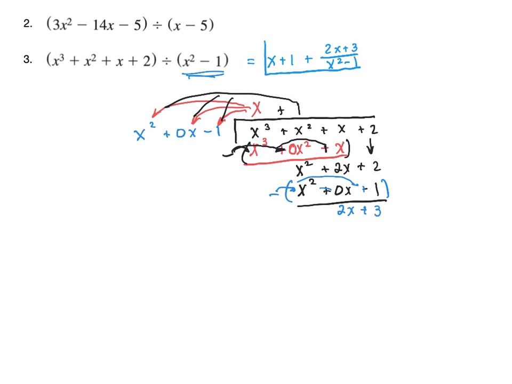And we are done. So that 2x plus 3 would be what you would usually call your remainder, like that. And so that's all we're doing is practicing these long division problems today.